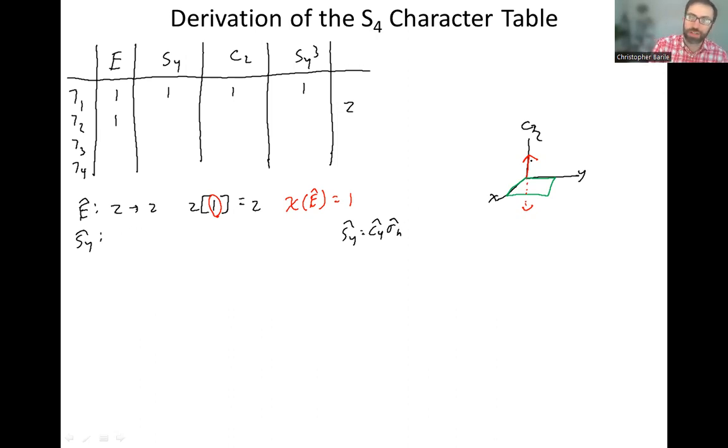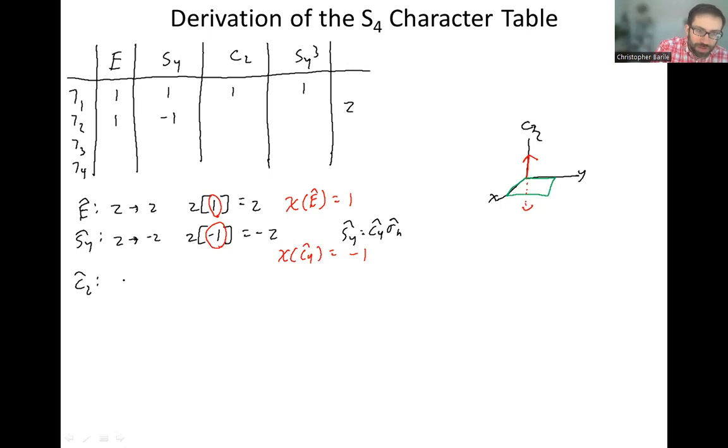The sigma H component took Z to negative Z. So overall, we have Z going to negative Z, and we have a one-by-one matrix with the value of -1 that describes this transformation. We take the sum across the diagonals, well, there's only one element in it, and so chi, or the character of C4 operation on Z, is -1. And so that means we put -1 as our character there.